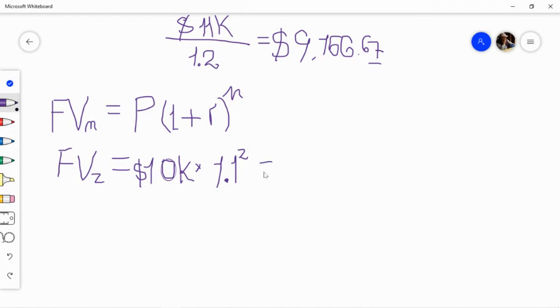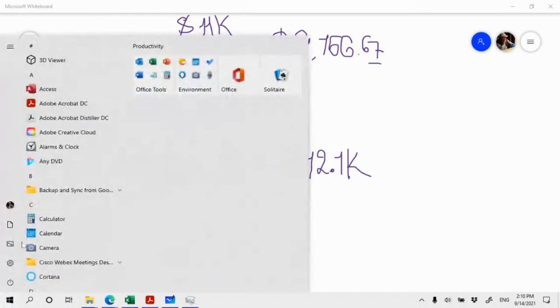And then, if you just use the calculator, it's going to be 12.1K. Okay, $12,100.